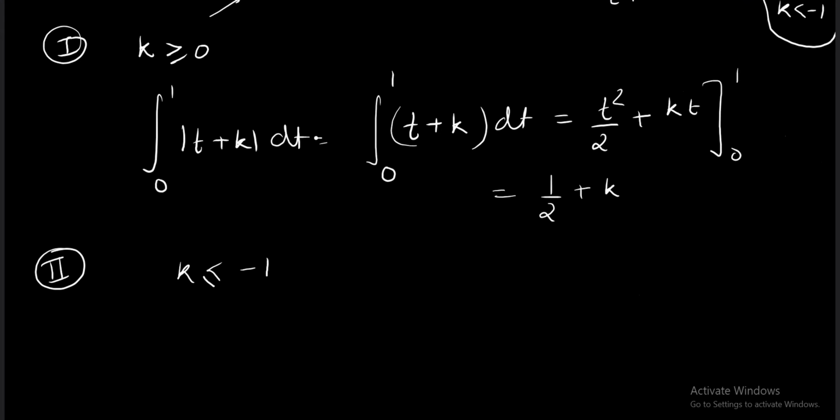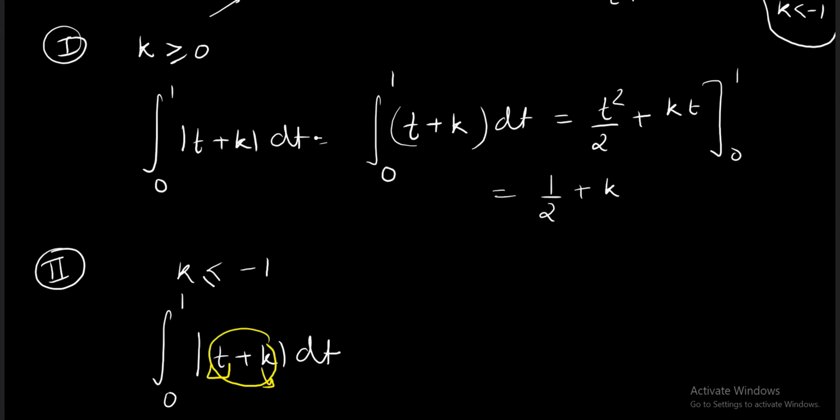अच्छा, k less than minus 1 होगा तो क्या होगा? Now you can see 0 to 1 modulus of t plus k dt. So just observe that t is only having the value which is a fraction 0 to 1, while k has a value which is less than minus 1. So can I say that the sum of these two is definitely going to be negative? It will become negative.